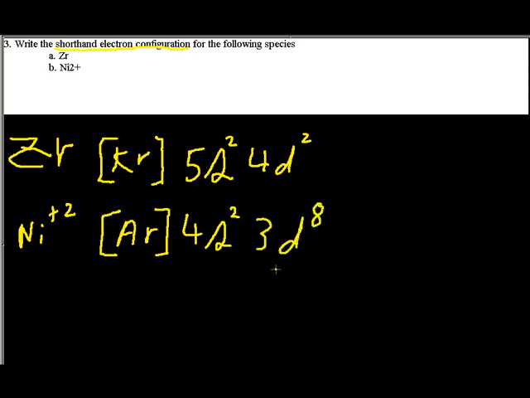But wait a minute, that's not quite right, because nickel exists as an ion and it has lost its two outermost electrons. So you go, I'm going to lose the 2 electrons in the s orbital. Therefore, I would write only argon 3d8, since the outermost electrons are the 4s2.